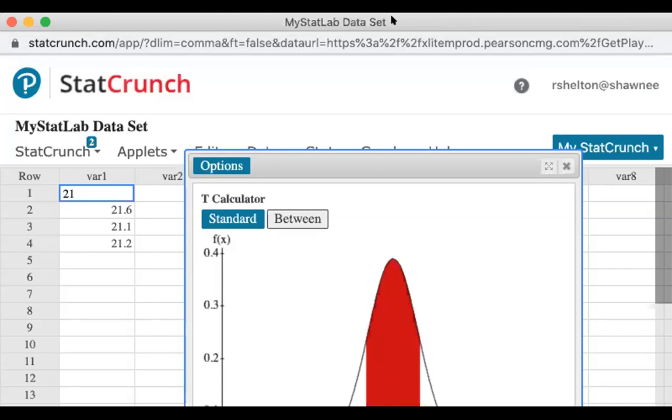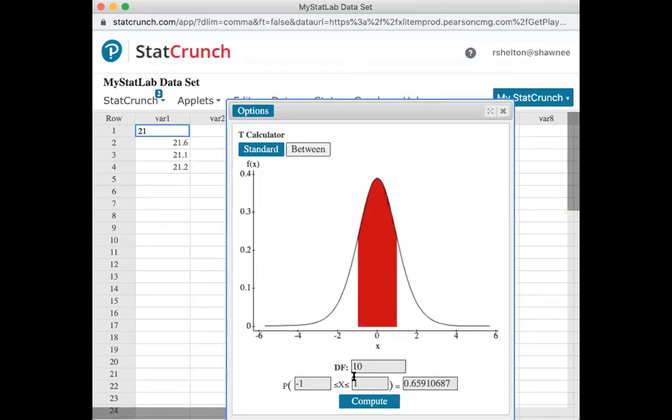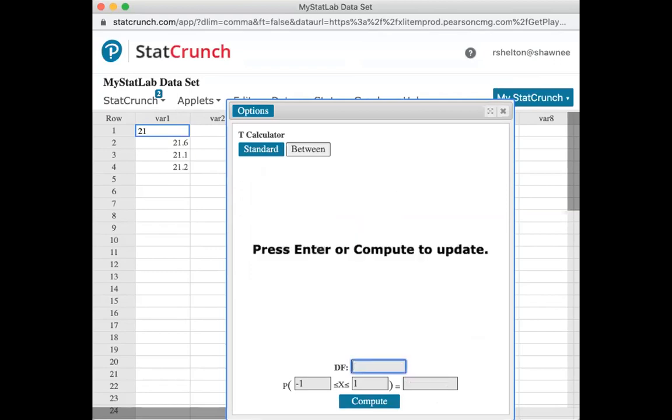So our degrees of freedom is going to be 14, N minus 1. And our T value, we want between 1.03 and negative 1.03.